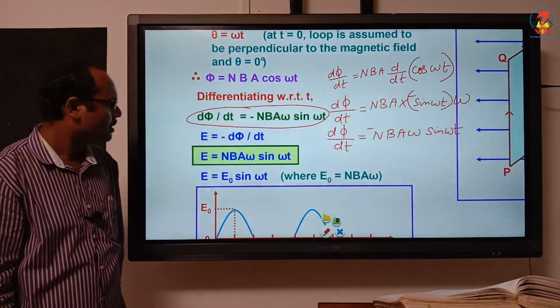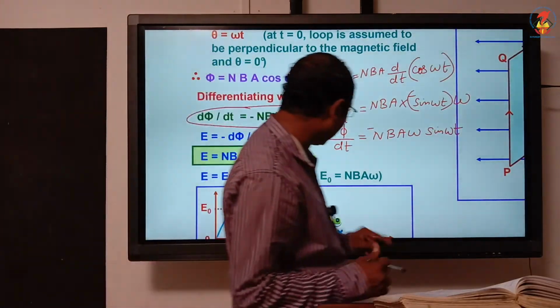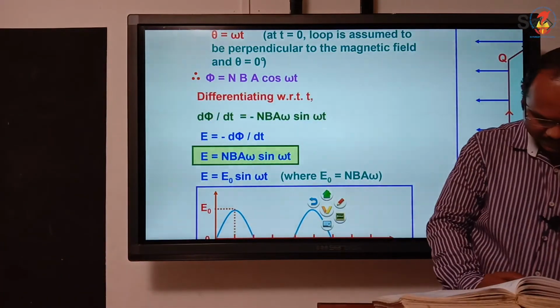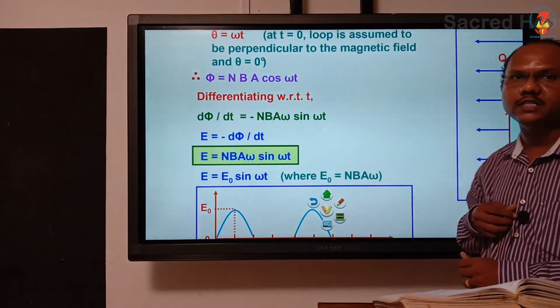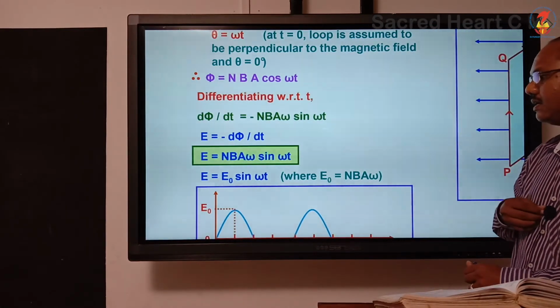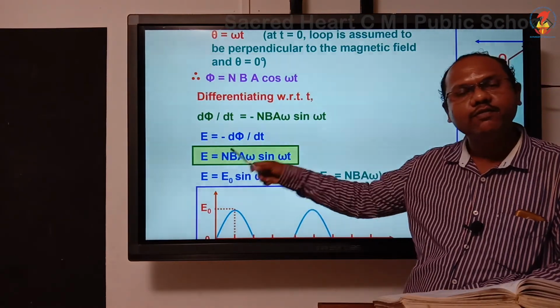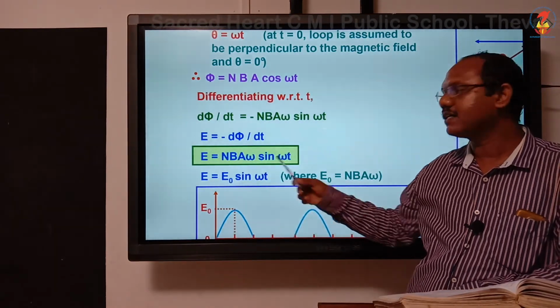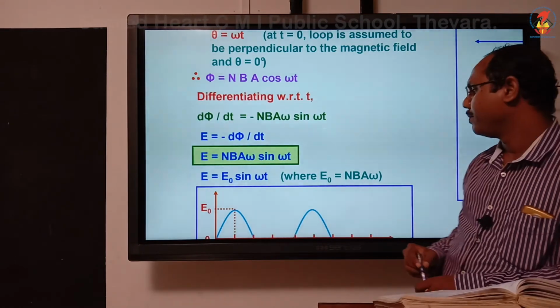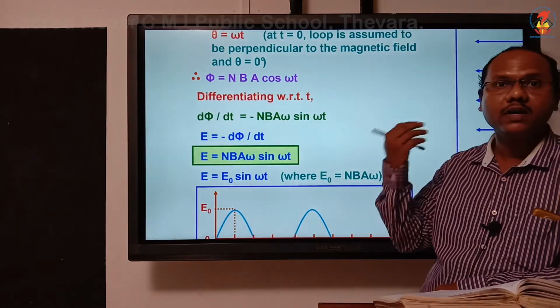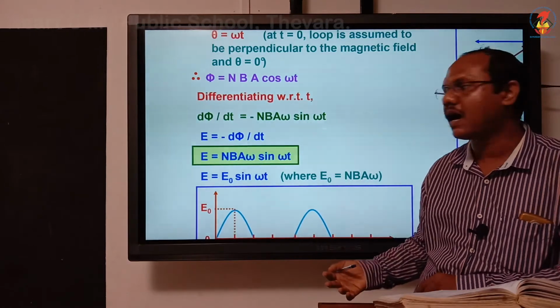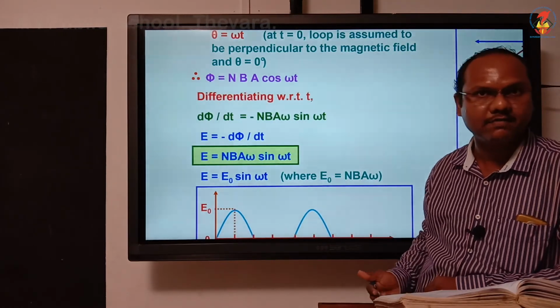So what does that expression say? It tells that the EMF varies as a function of sine. You have already learned how the graph of the sine wave will be.